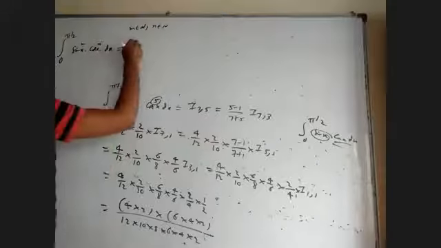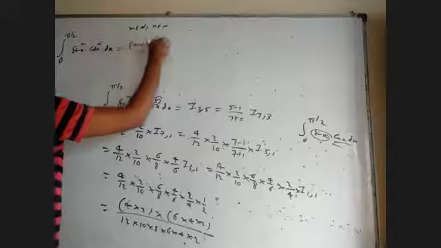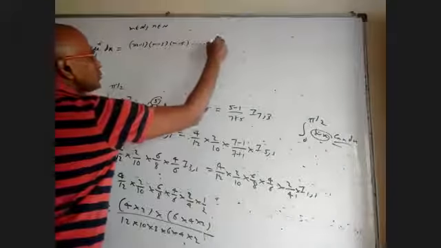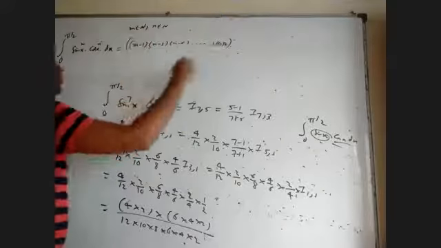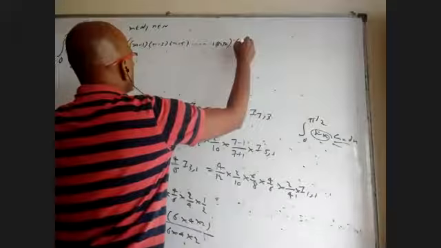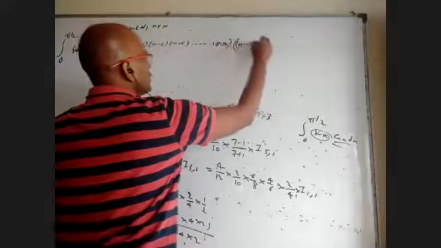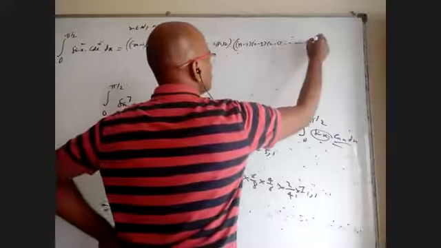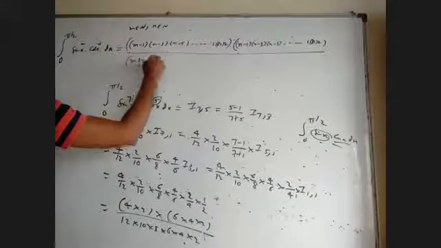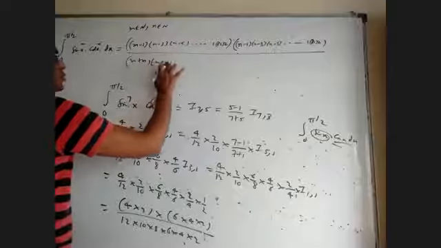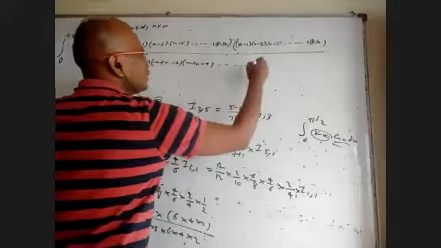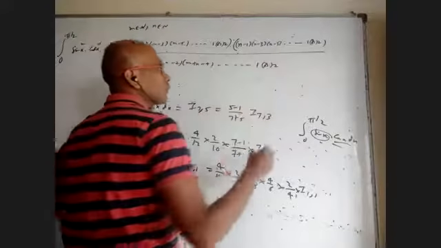The final formula is m minus 1 into m minus 3 into m minus 5, so on till you get 1 or 2, into n minus 1 into n minus 3 into n minus 5 till you get 1 or 2, by m plus n into m plus n minus 2 into m plus n minus 4 till you get 1 or 2.